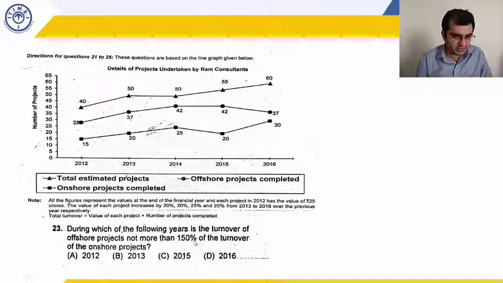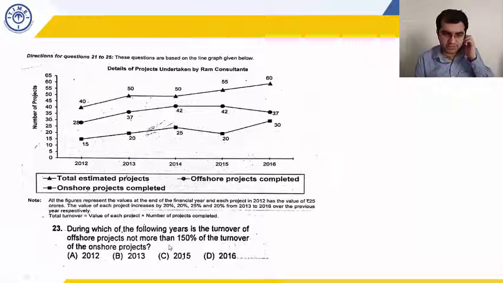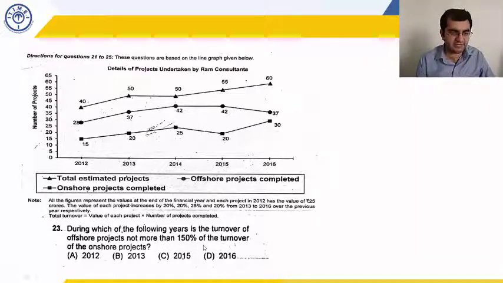During which of the following years is the turnover of offshore projects not more than 1.5 times? See, 150% is what? 150 by 100, 1.5. Offshore projects is not more than 1.5 times of onshore projects. So I take the onshore project, multiply it by 1.5 and compare it with offshore projects.